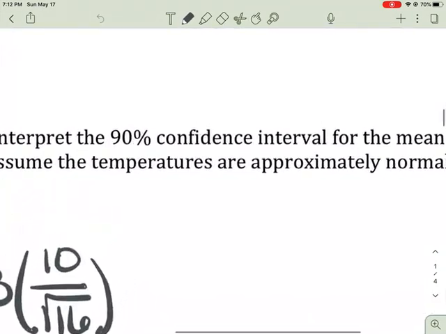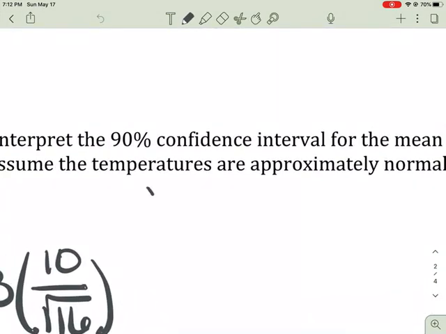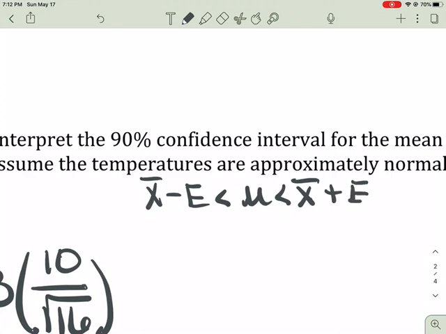Okay, so here's x bar minus E less than mu less than x bar plus E. We're going to do 162 minus 4.38, and we'll go two decimal places.